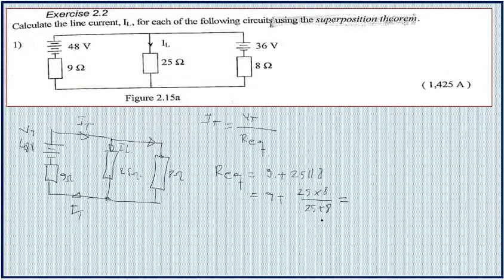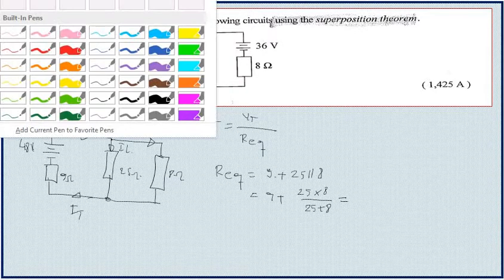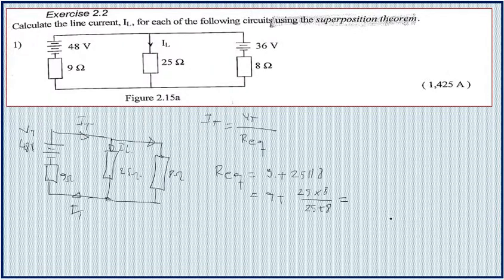Using the calculator, the equivalent resistance is equal to 15.06 ohm.